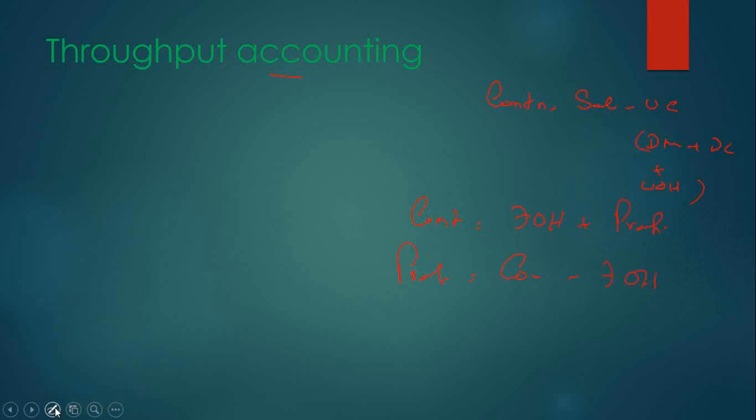But here we see a slightly different version. Here we don't call it contribution, we call it throughput, TP. Here the throughput is sales minus material cost. That is the only difference. Sales minus material cost, only the direct material. So here the direct labor and variable overheads are all considered as fixed expenditure.